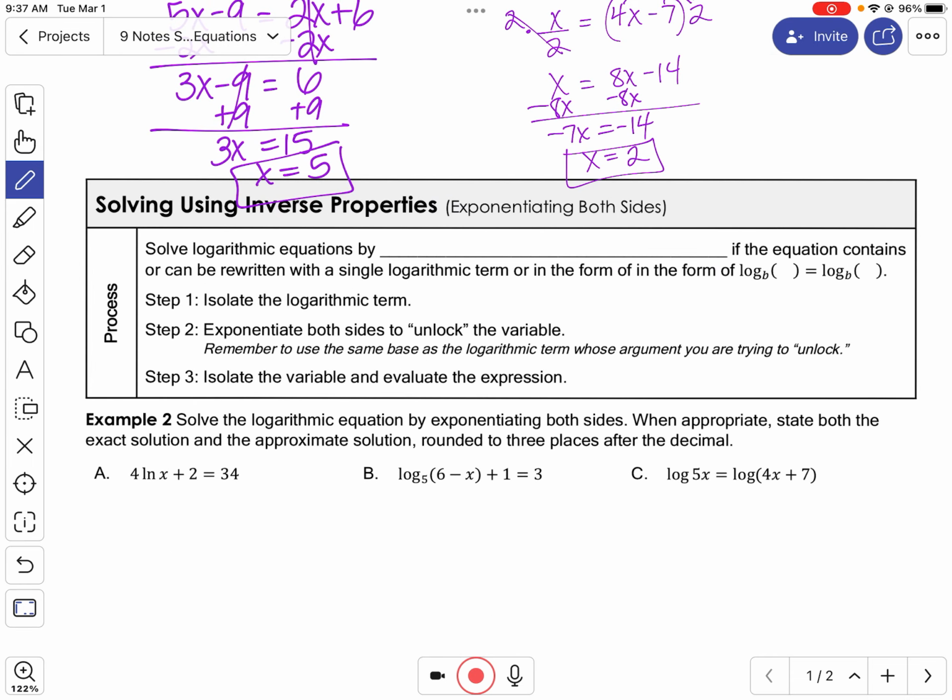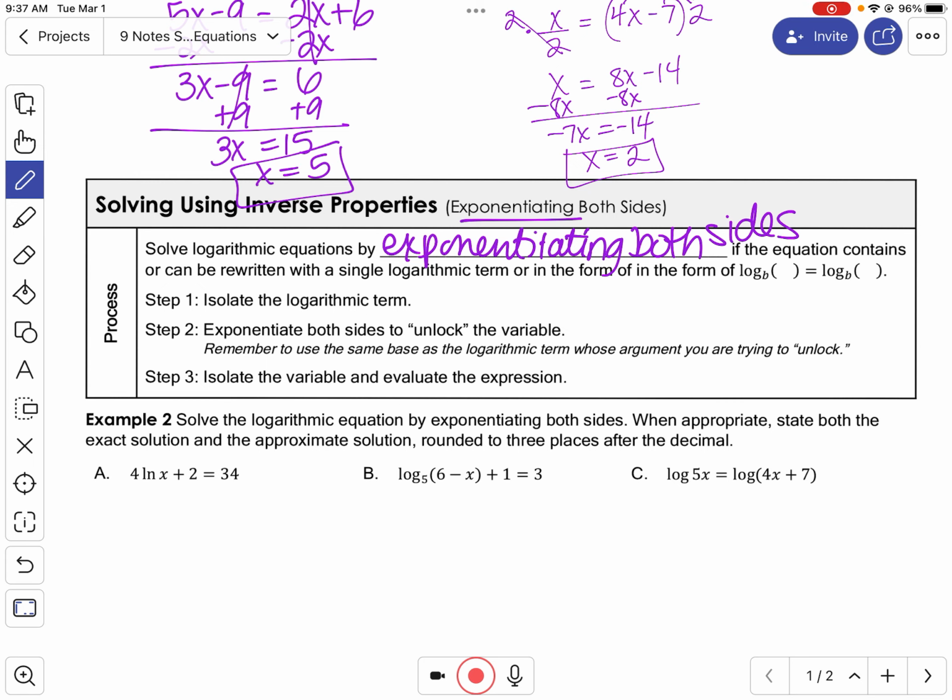Another way is using inverse properties, which we've talked about. It's also called exponentiating both sides. So you're going to solve logarithmic equations by exponentiating both sides, which means you're going to be taking a base and raising it to that power.